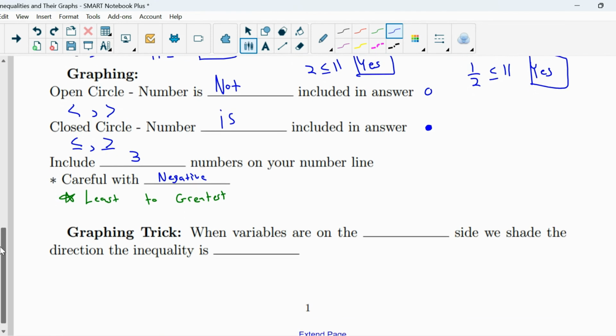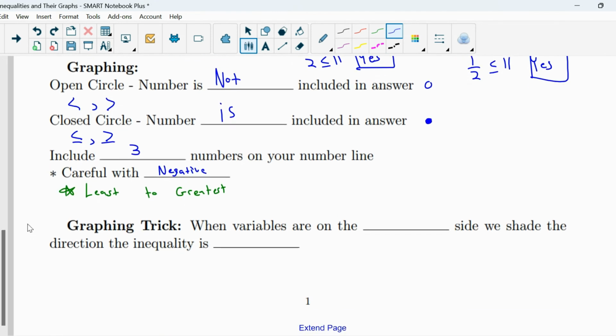One graphing trick before we go on to some examples is that when a variable is on the left side, we will shade the direction the inequality is pointing. If the variable is on the right side, then we cannot follow this graphing trick. It will not work.